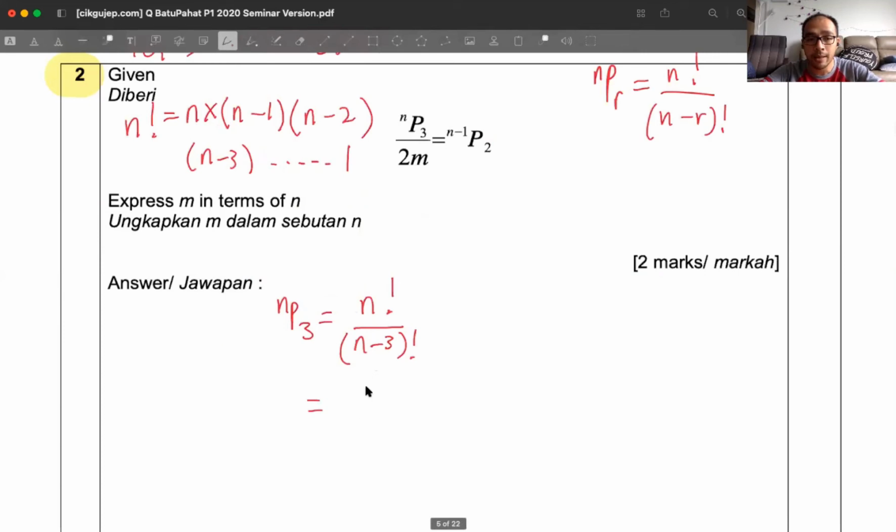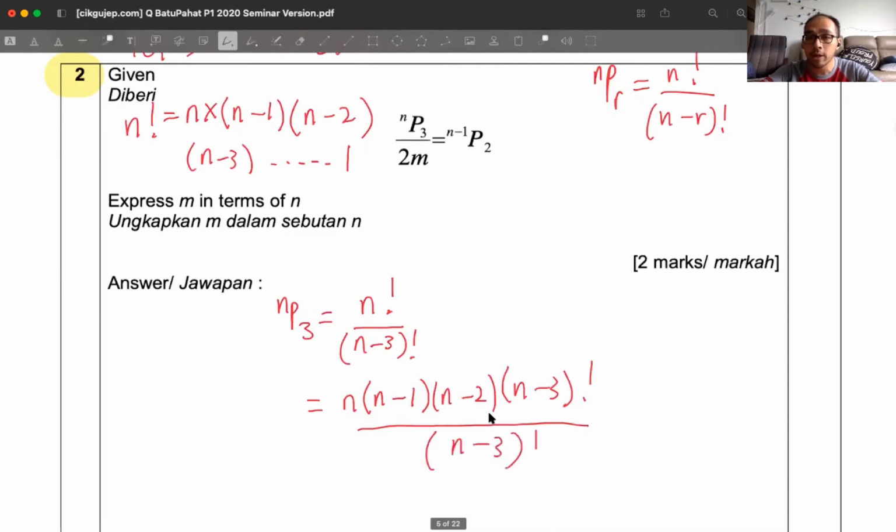So this will be n times n minus 1 times n minus 2 times n minus 3 factorial over n minus 3 factorial. Because in doing this, I can cut this. So I can get n times n minus 1 times n minus 2. I leave it here first.